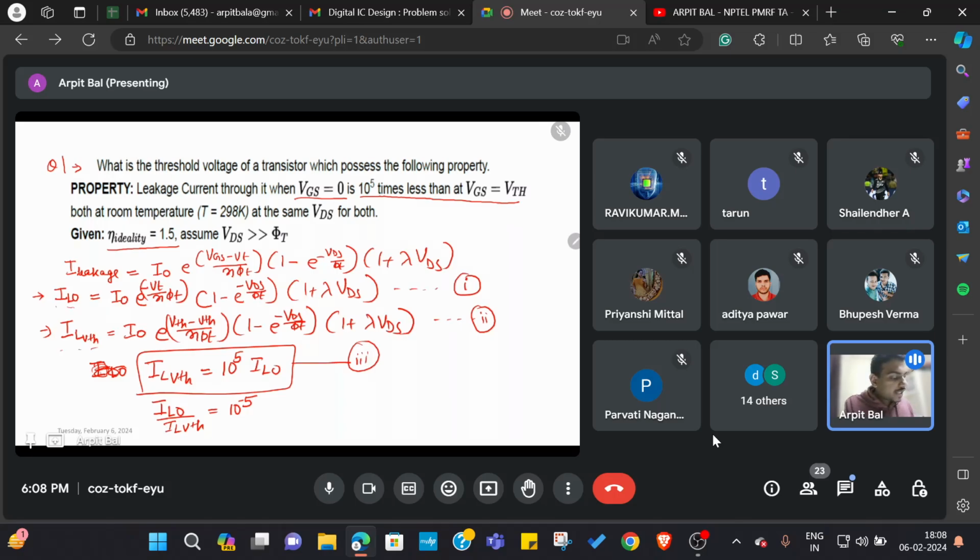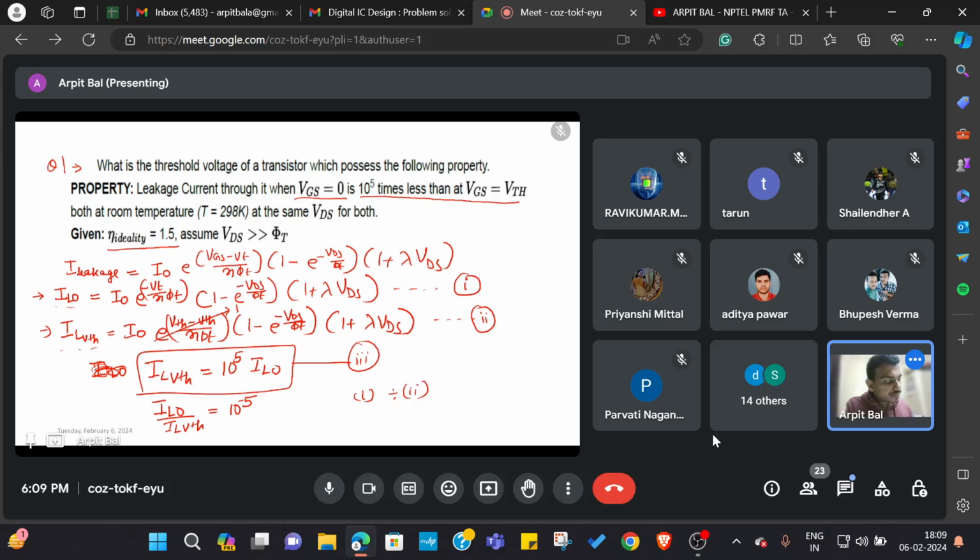Okay, so if I divide equation 1 by equation 2, this is actually 1, right, because we have e to the power VTH minus VTH, so e to the power 0.